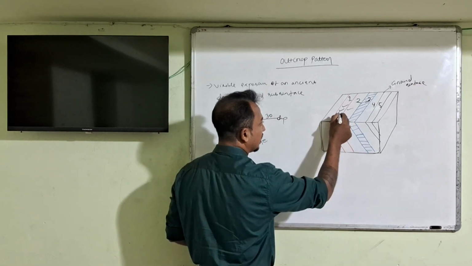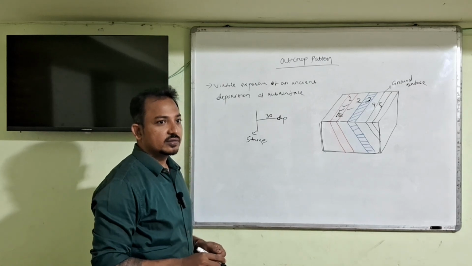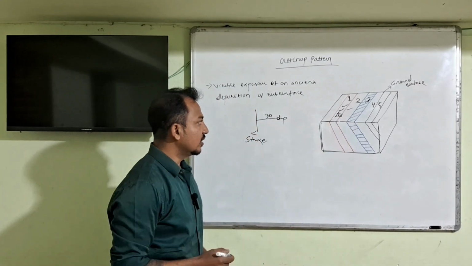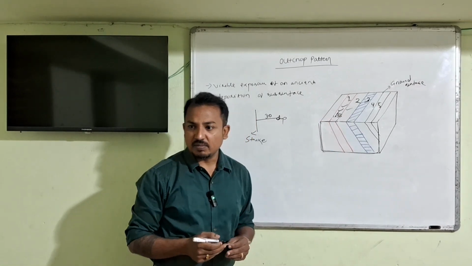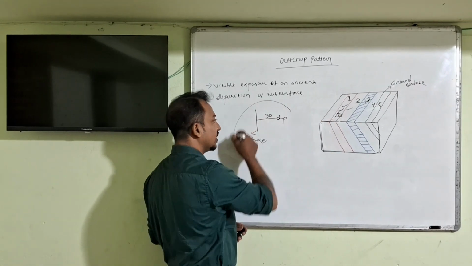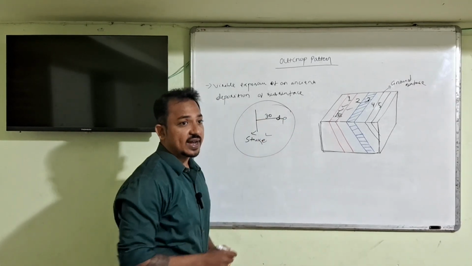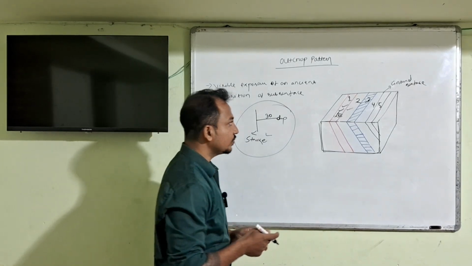I'll write, suppose, 50 degree dip. So in an outcrop pattern, this is also mentioned: to what direction the bed is dipping and what is the amount of dip. So this is the expression or symbol for strike direction, dip direction, and dip amount.